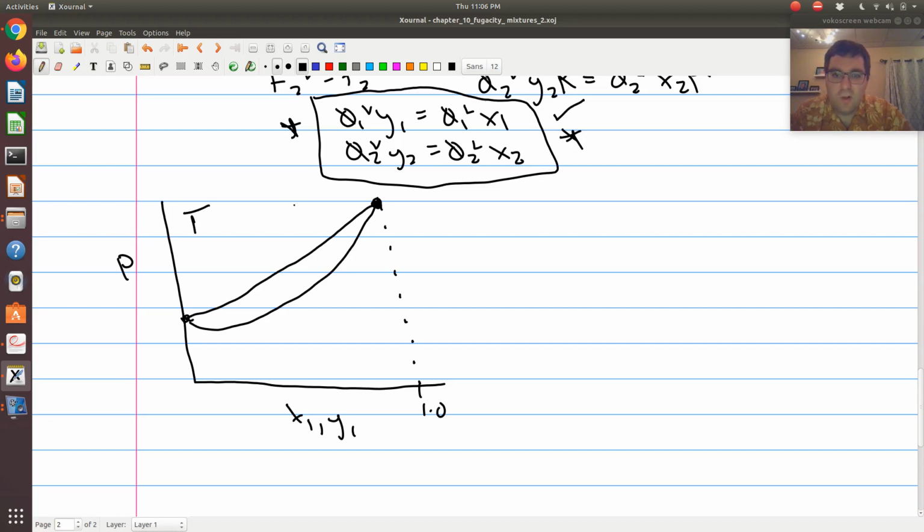So the general idea would be, if I want to construct a pxy phase diagram for a binary system using a cubic equation of state, first what I would have to do is look up Tc, Pc. My parameters would be Tc, Pc, and omega for each component.